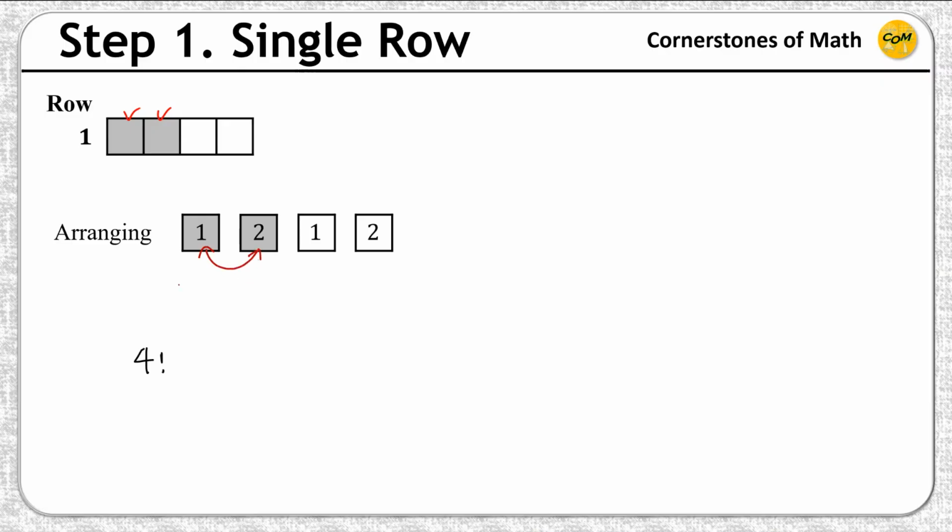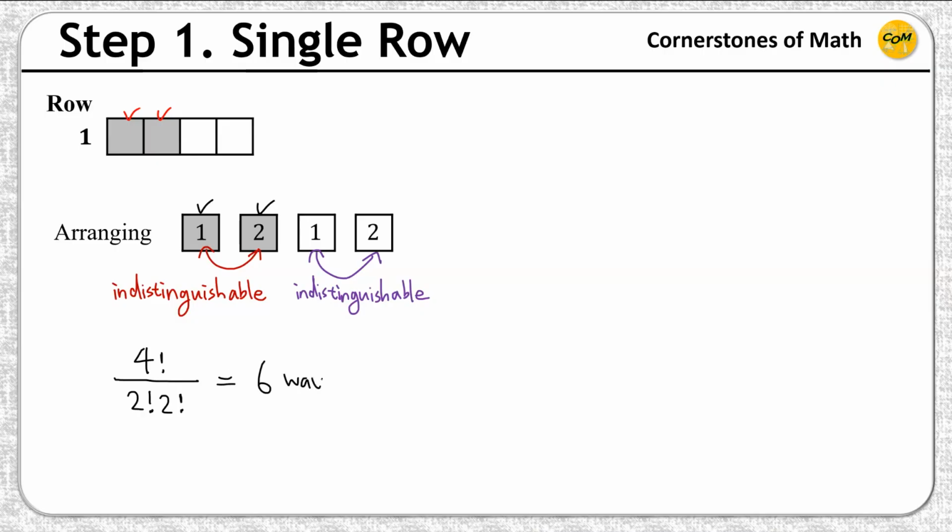However, these 2 colored squares are indistinguishable, so we have to divide this by 2 factorial, which is the number of ways to arrange these 2 colored squares labeled 1 and 2. Similarly, these 2 uncolored squares are also indistinguishable, so we have to divide by an additional 2 factorial. This gives 6 ways.